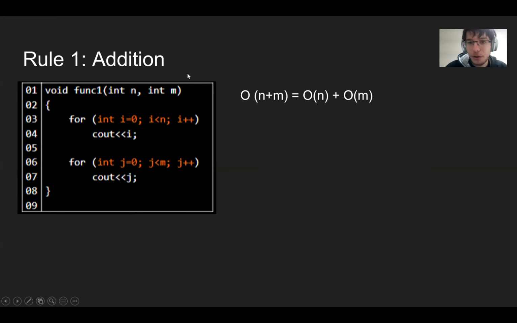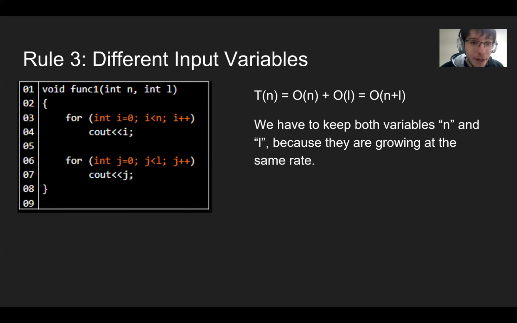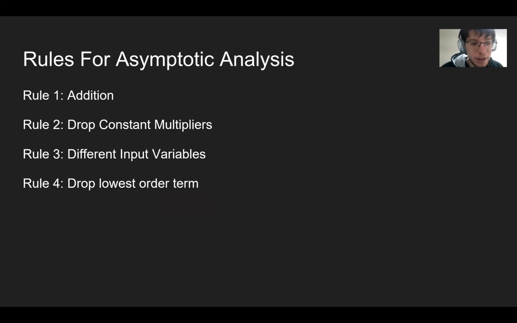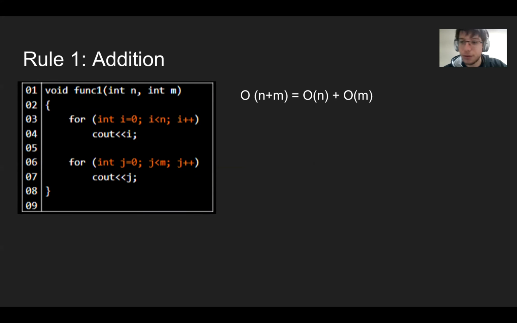How many problems do I have to do in total, or how long is it going to take? Well, I'm going to have to do the problems one by one. So I have to do n problems for the first one and m problems for the second. So it's n plus m. And it's a similar thing here: you do them separately. Right, so addition.